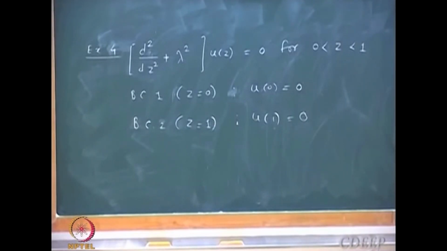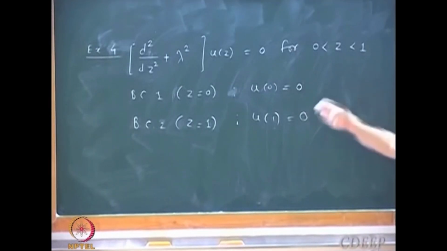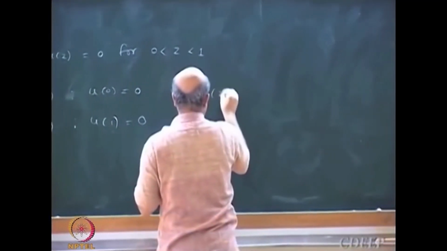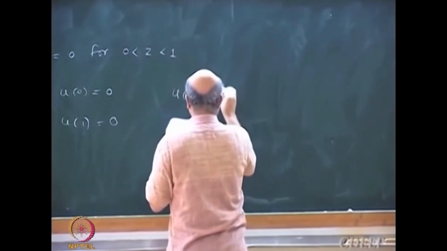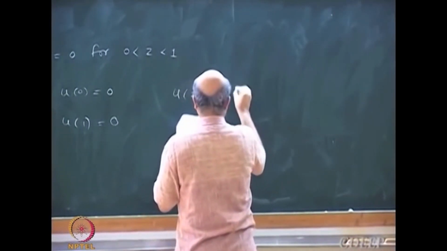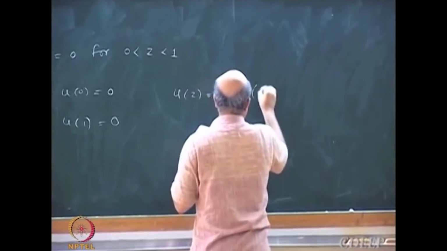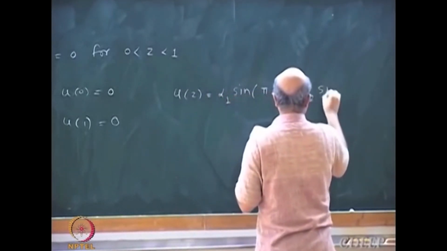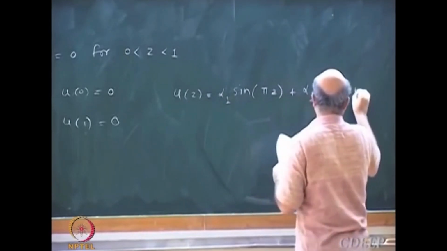Or you might have seen this in your undergraduate. These kind of problems we visit in heat transfer and mass transfer once in a while. Uz is equal to alpha 1 sine pi z plus alpha 2 sine 2 pi z.